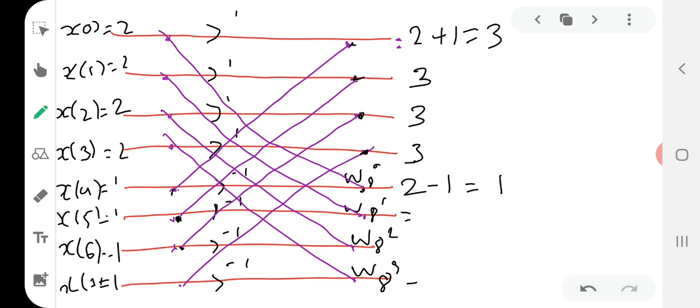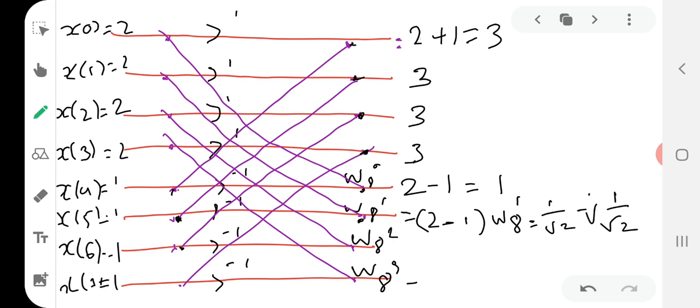Then at this point this will be 2 minus 1 into W 8 raised to 1. This value we can write as 1 by root 2 minus j into 1 by root 2.